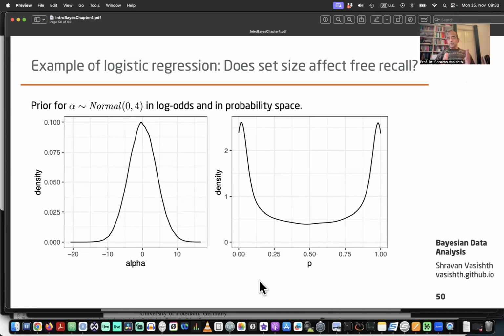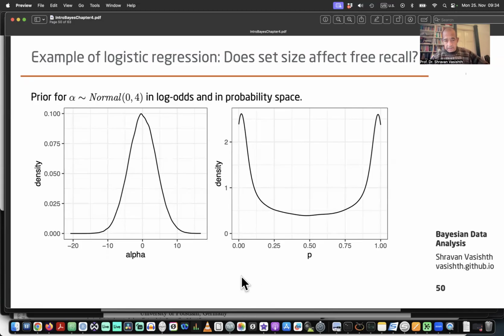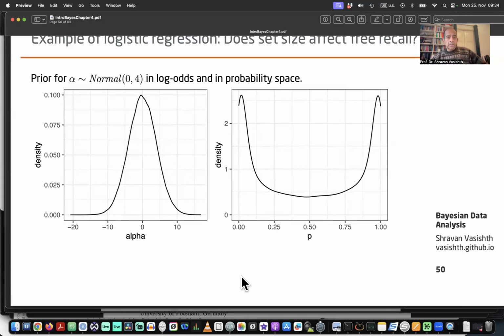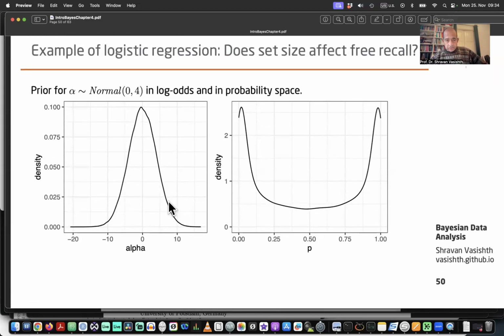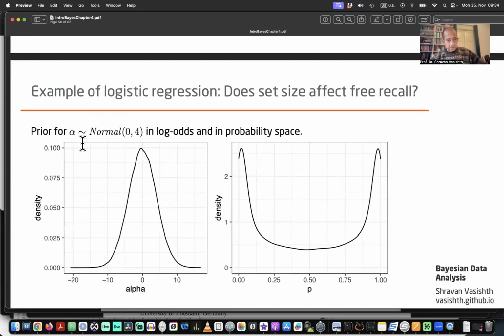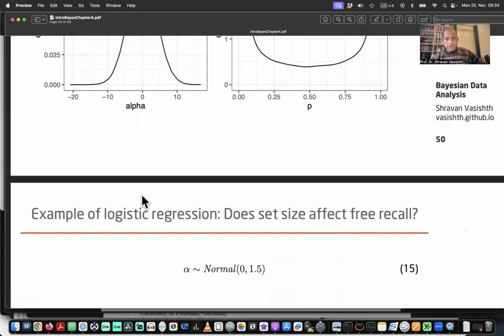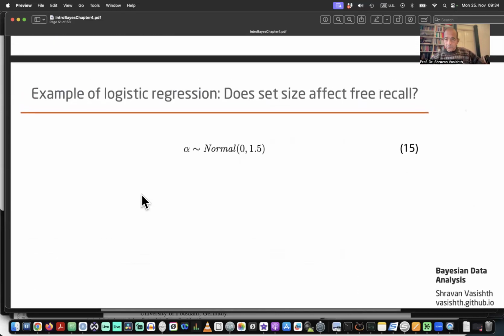You don't want to assume a model which is very likely to produce probabilities of 0 and 1 with high likelihood, and all other values being underweighted or close to 0, right? So this transformation to probability space clearly suggests that a normal(0, 4) prior is not a reasonable one, right? So what I would then do is try to look for a more reasonable prior.